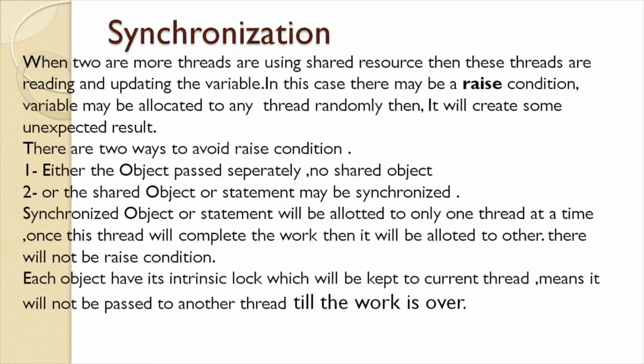In the meantime, another thread is also getting the same variable, so it will take the value that has been manipulated by the previous thread. So reading and updating is not going in a synchronized way, and the result will also be unsynchronized or unpredictable.